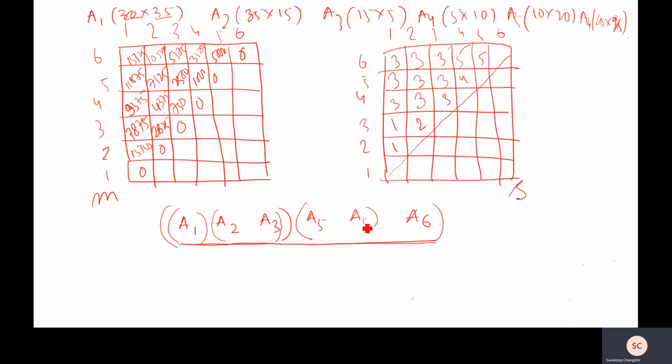So that means here we will do this one, and A6. Finding A1 to 3 is simple, as there is only one option, and A5, A6 is simple. So this will be the order to multiply these 6 matrices. First we will multiply A2, A3 and here A5, A6. Then we will multiply A1 with this and this one with A6, and then we will multiply R1 with R2, resulting in the final matrix.